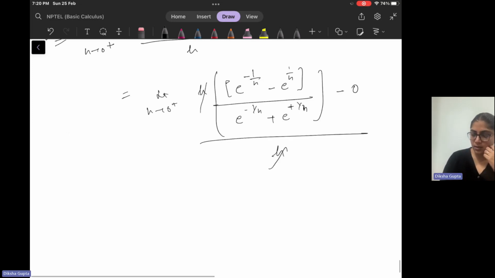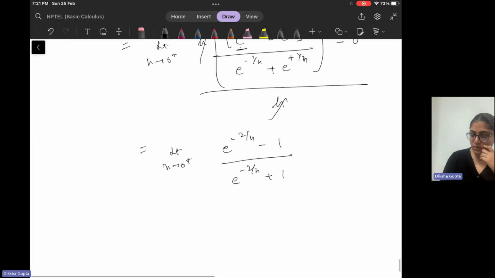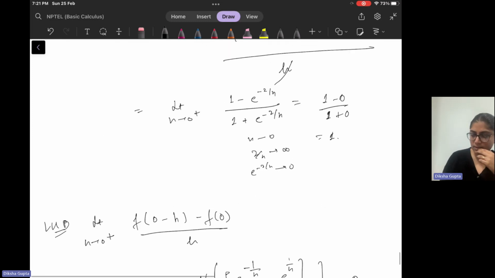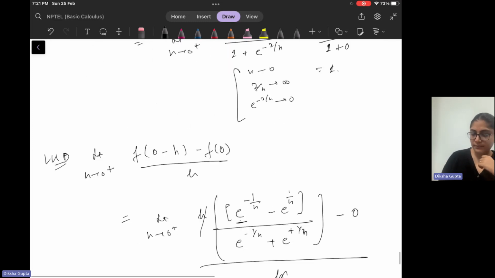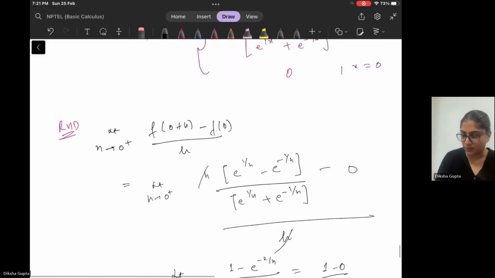So this h gets cancelled. Now I will take e raised to power 1 by h to this side, so this term becomes e to the power minus 2 by h minus 1 upon e to the power minus 2 by h plus 1. So again, using this, we'll get the limit to be 0 minus 1 upon 0 plus 1, so minus 1. So the right hand derivative was 1, right?